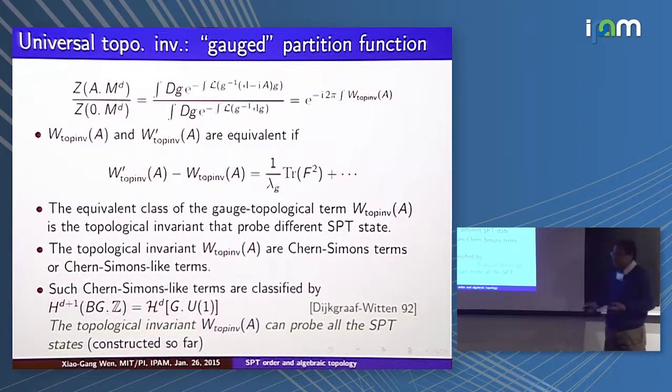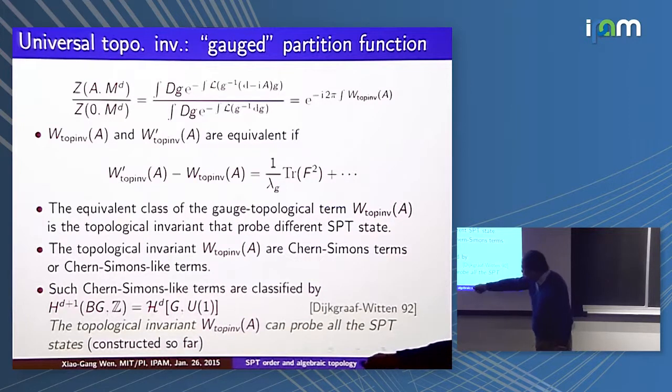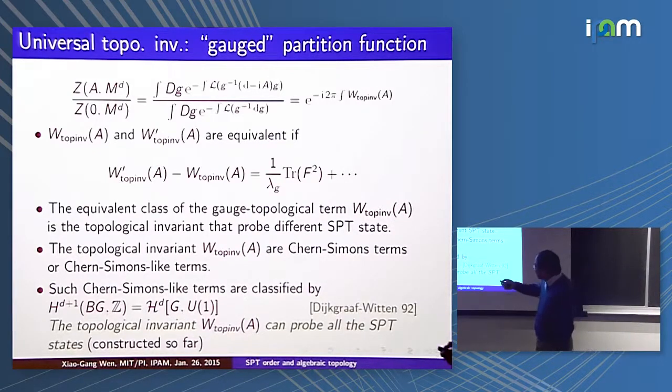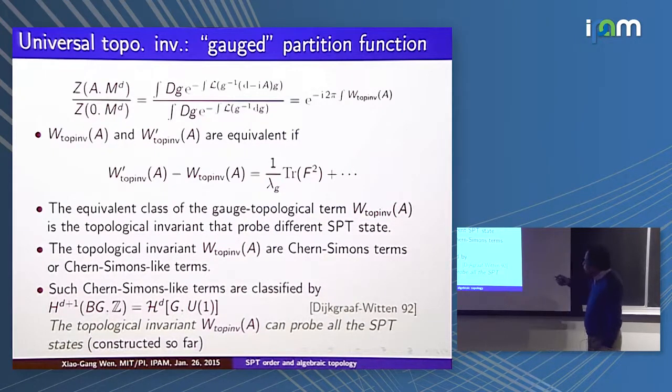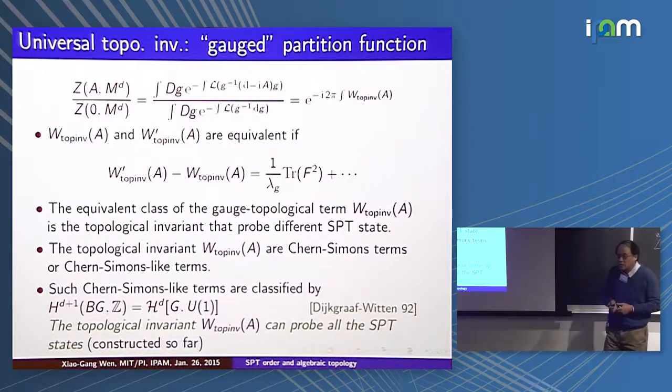So using this equivalence class as topological invariance, we can detect all possible cocycles. So that's the idea. Therefore this equivalence class is our topological invariance, and we can use it to probe different SPT orders.